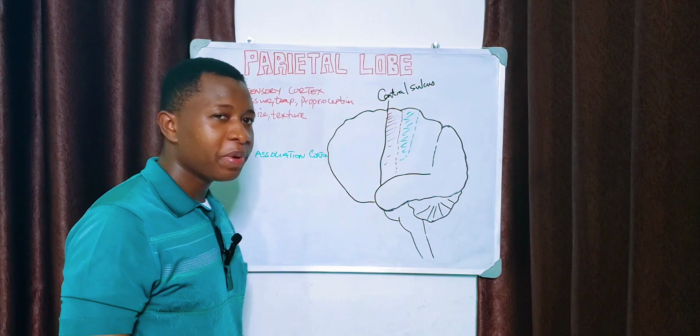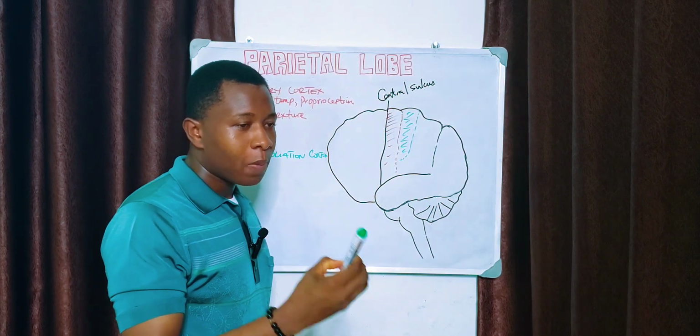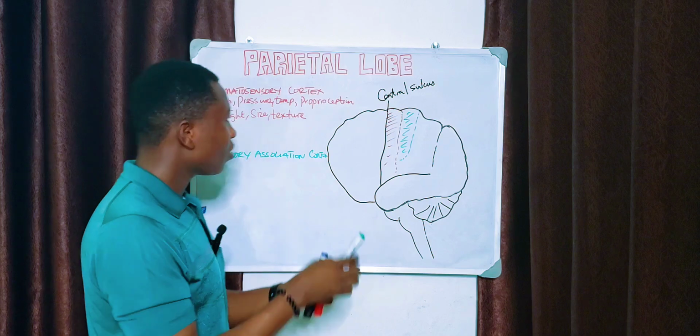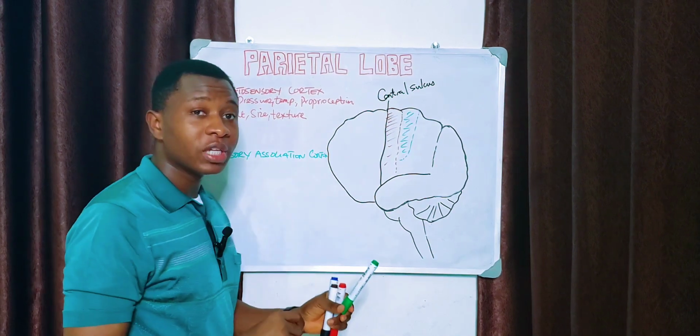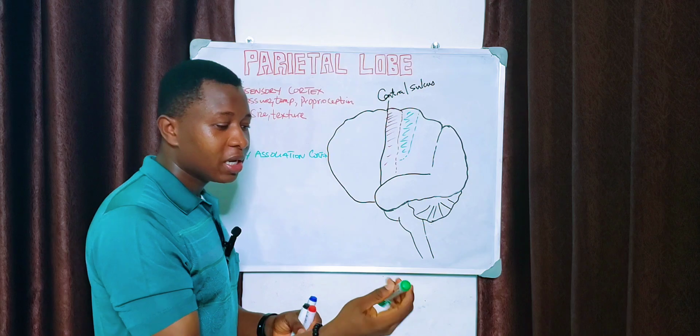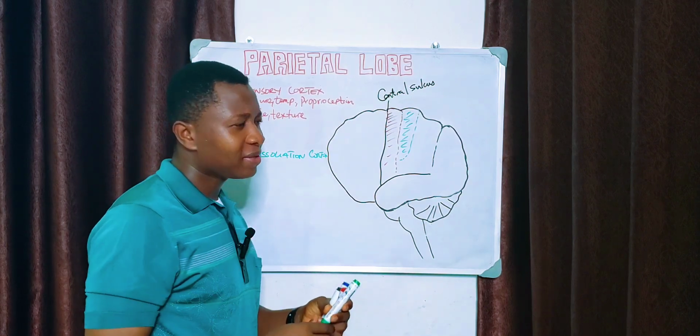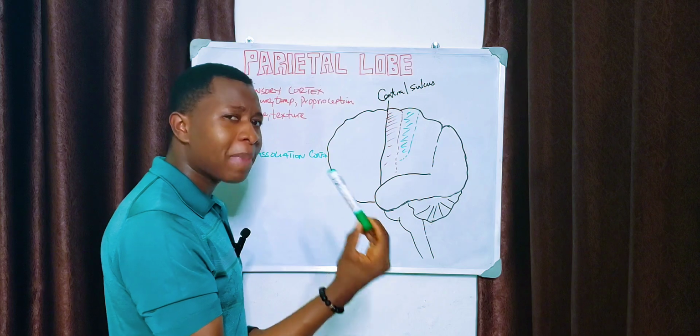Okay. Now, if you feel something, you feel the texture, you feel the weight, it is the sensory association cortex that will be able to tell you that, oh, this is a marker. Based on the information you have gotten from the somatosensory cortex, that it is slick, it is rough at some point, and then previous knowledge that, oh, I have seen this thing before, this is a marker.